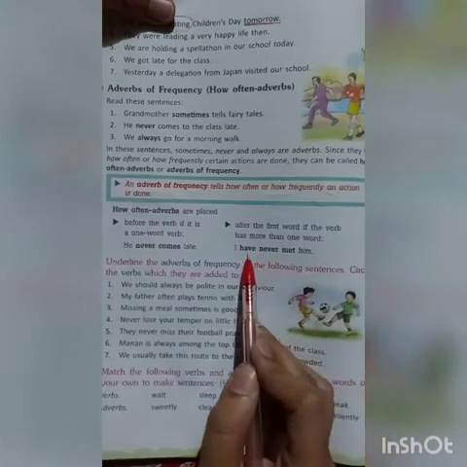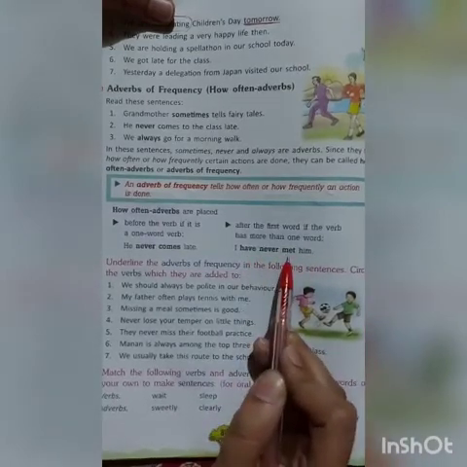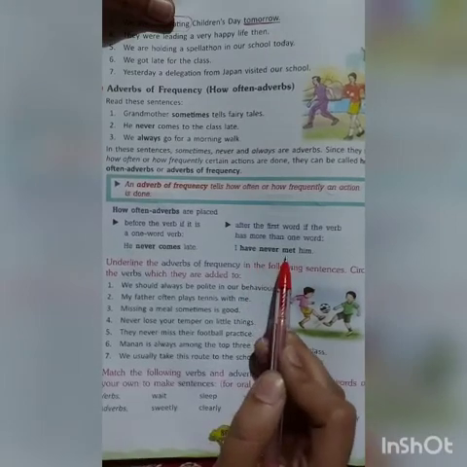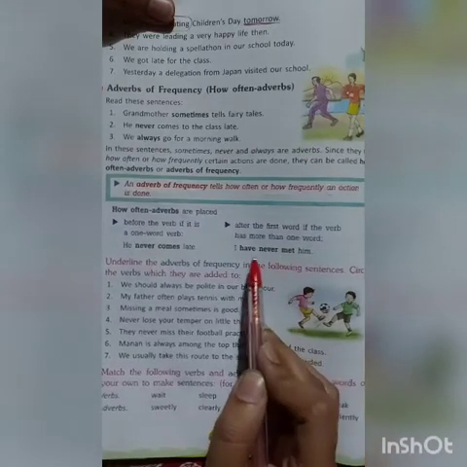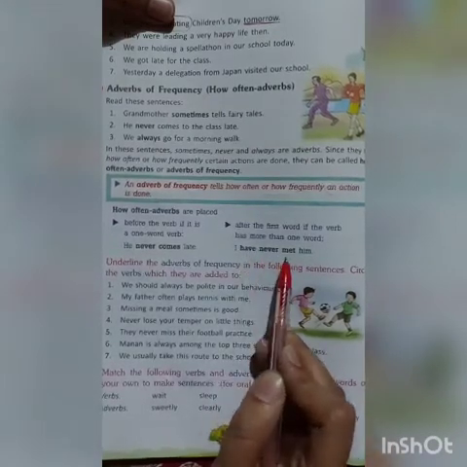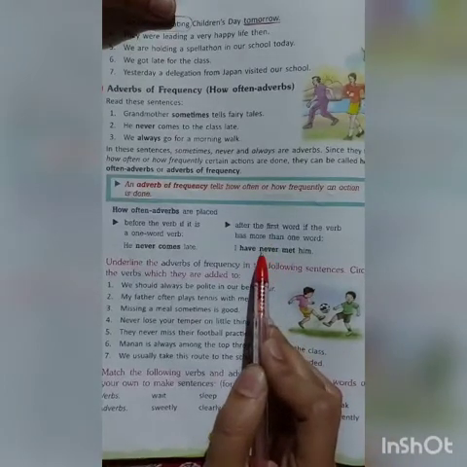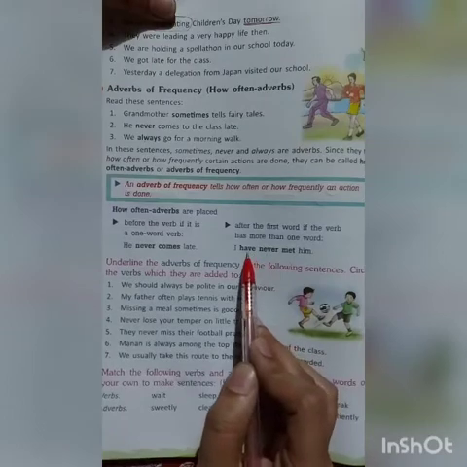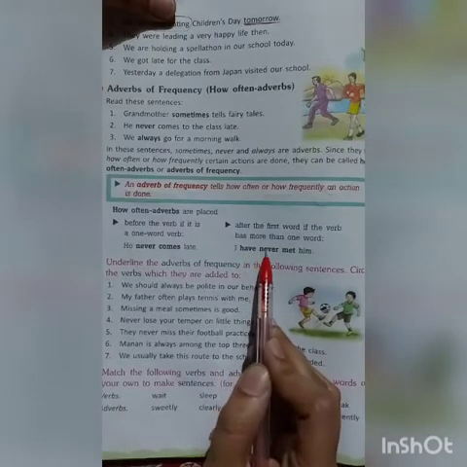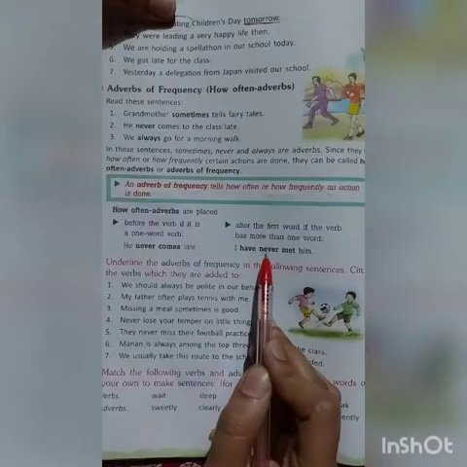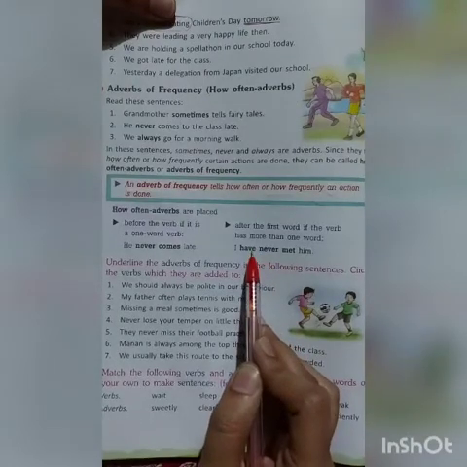Now here, have and met are the verbs in this sentence. The verb has more than one word, have and met. So the adverb of frequency will be placed after the first word. So never. Never is an adverb of frequency. So it is placed after the first word.